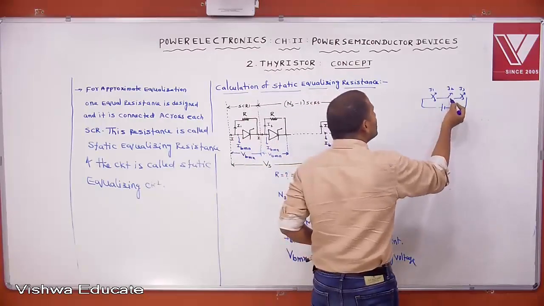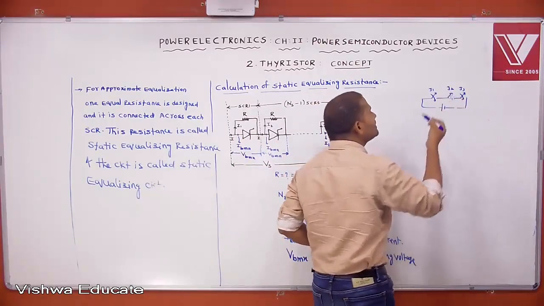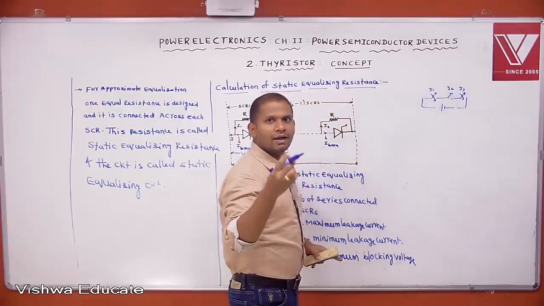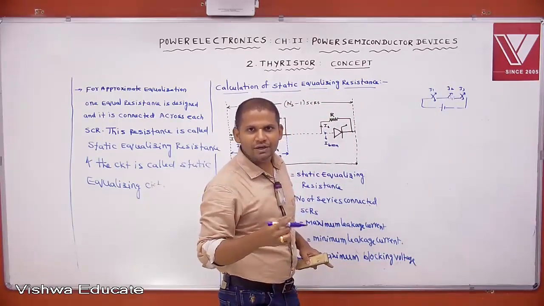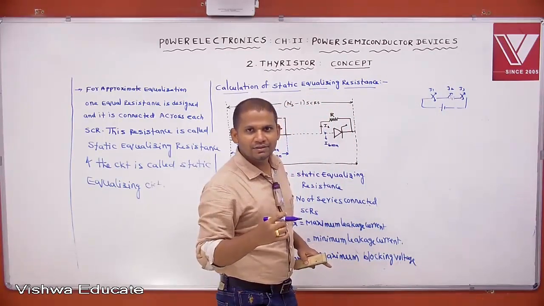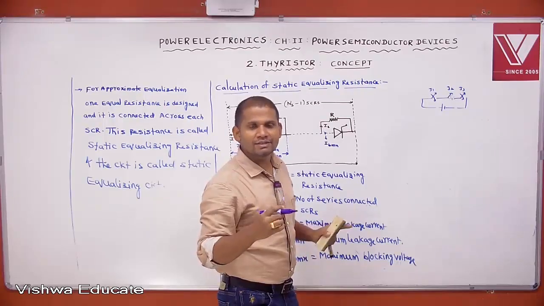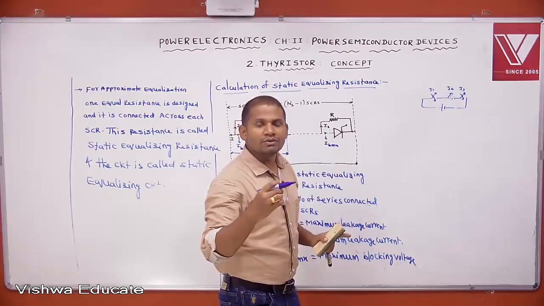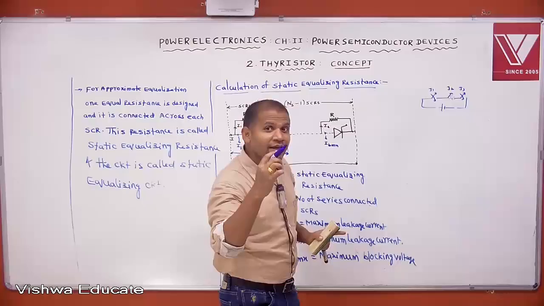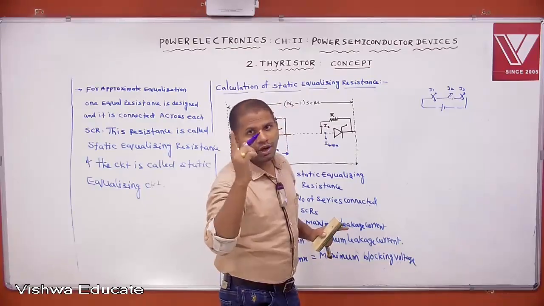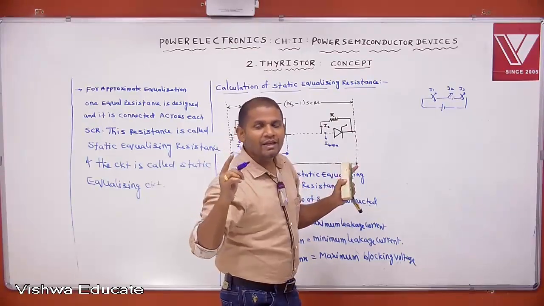Minimum leakage current means more or fewer charge carriers? Fewer charge carriers at the J2 junction. If the charge carriers are fewer, the width of J2 is high, so it blocks high voltage.